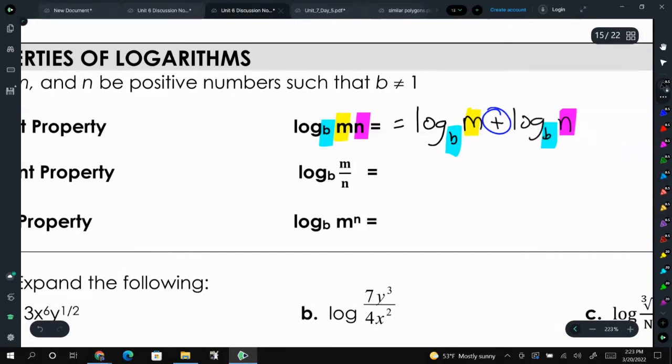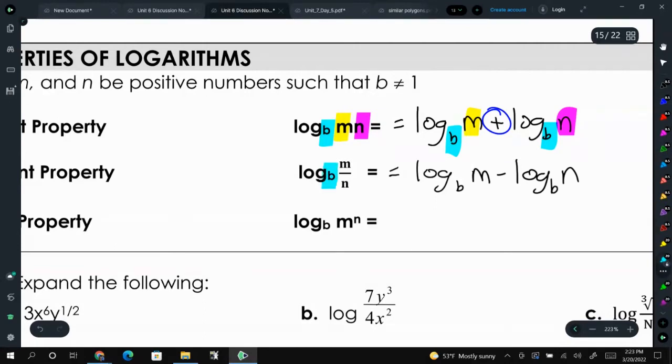Now, division, you might have already guessed that this means that we're going to subtract. And again, the bases have to be the same. If the bases are not the same, then you can't condense them. Because we are subtracting, the order matters.